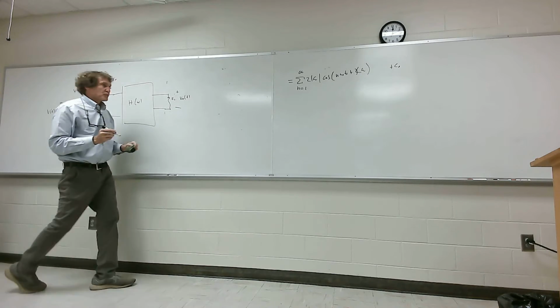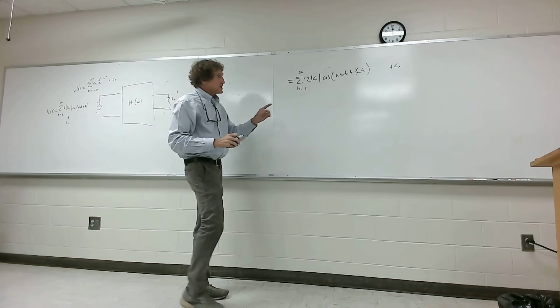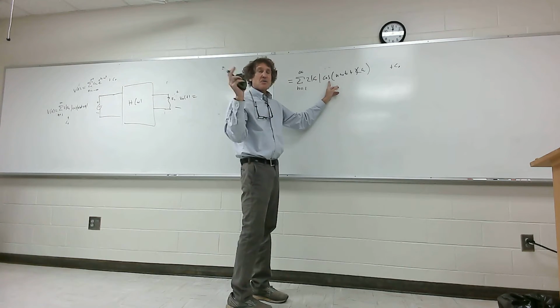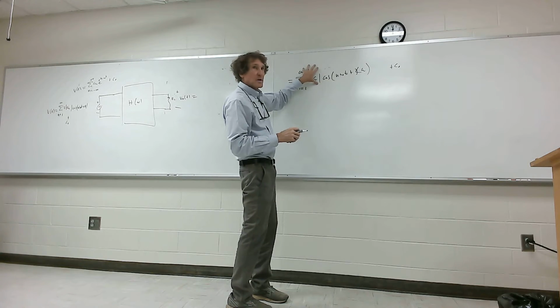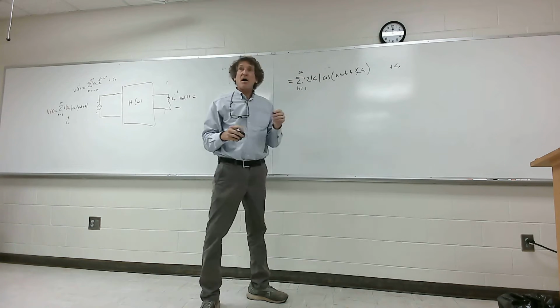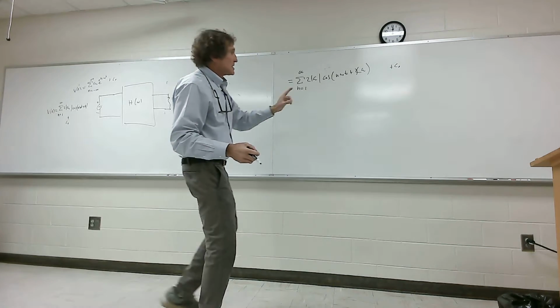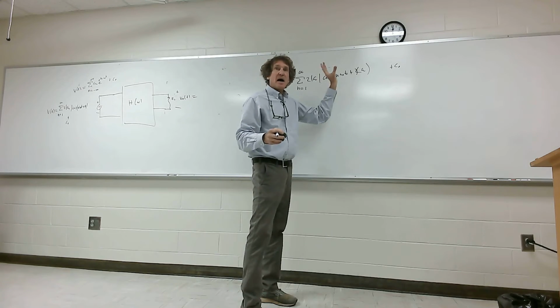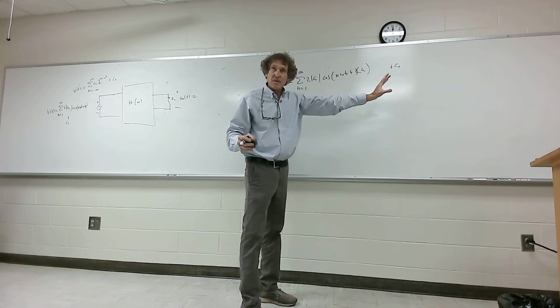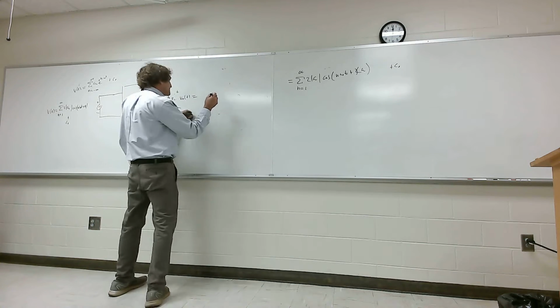Then my output here will be equal to, and here's what happens. I'm not going to do the whole nine yards here. I could turn this into a phasor where each one of these terms will have 2 times the magnitude of C of n, at an angle C of n. Y'all follow me? I feed that into the circuit, and I get the output for each one of those. Then I go back to the time domain. When all is said and done, I find this to be the case.